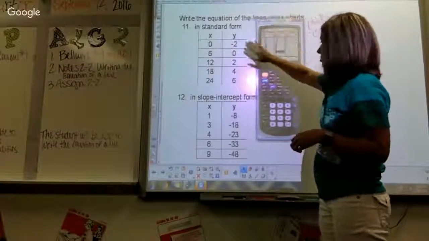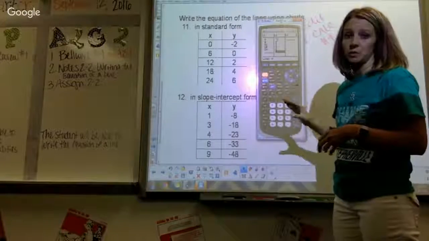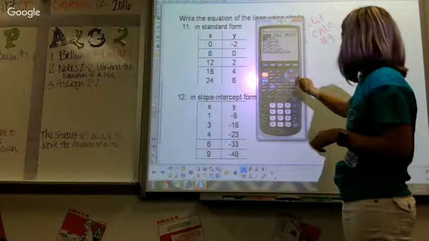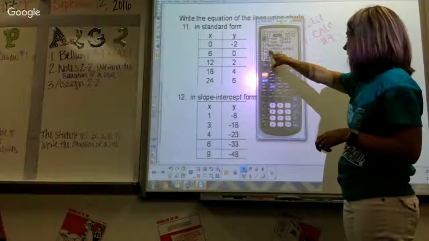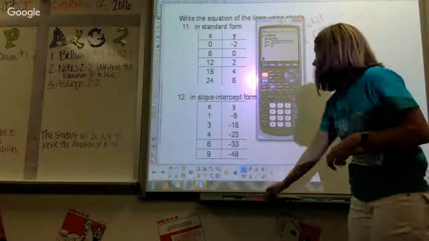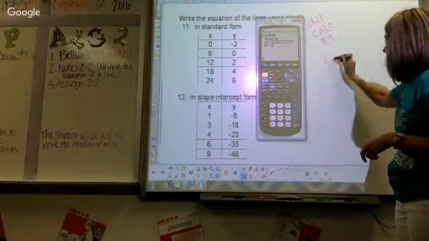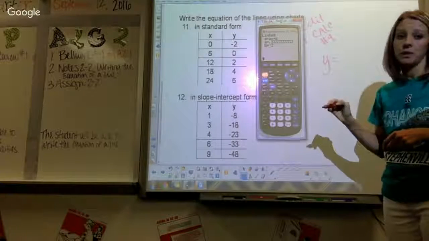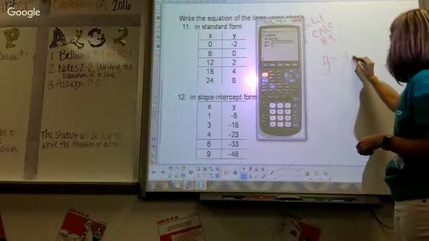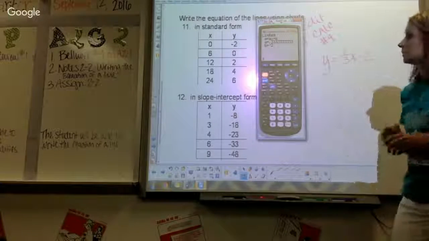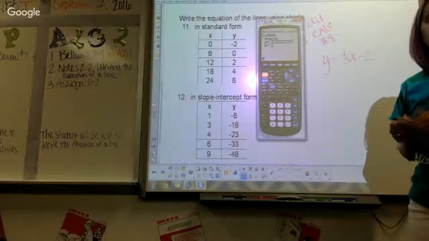All right, so make sure you check your values once you've entered them in and make sure that you entered them in correctly. Okay, so from there, you're doing stat, calc, and then linear is number 4. Press enter. Now, notice this time that we got a decimal, but we need it to be fraction. Okay, so 0.3 repeating is 1/3 in fraction. Your b is your y-intercept, which would be negative 2, so negative 2 there.